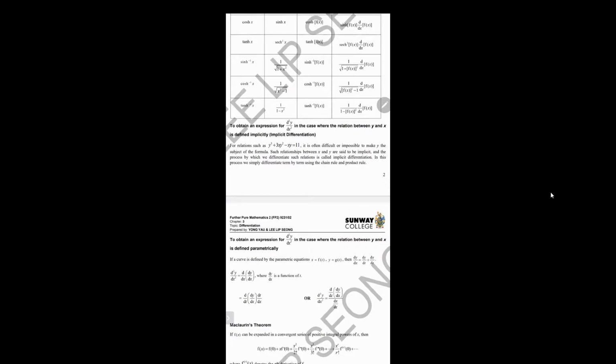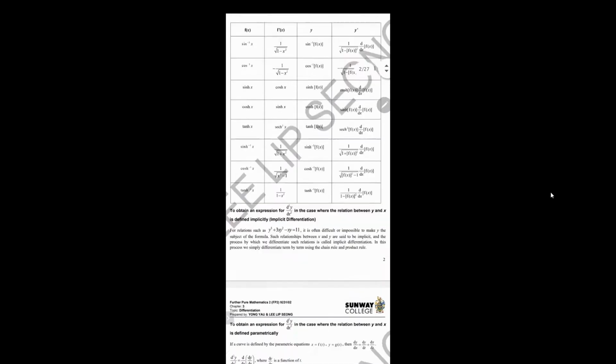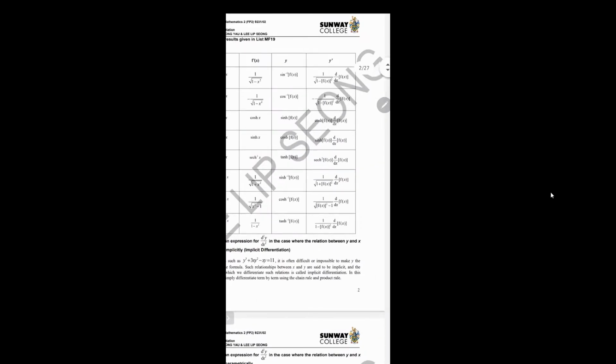Such relationships between x and y are said to be implicit, and the process by which we differentiate such relations is called implicit differentiation. In this process, we simply differentiate term by term using the chain rule and product rule.